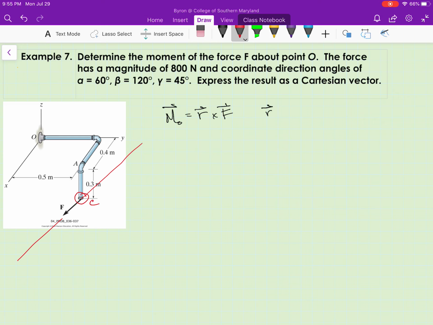We'll call that point C. And while we're here, we will write down the XYZ coordinates of C, which are X 0.4 meters, Y 0.5 meters, and Z 0.3 meters in the negative direction. It's going to be negative 0.3.